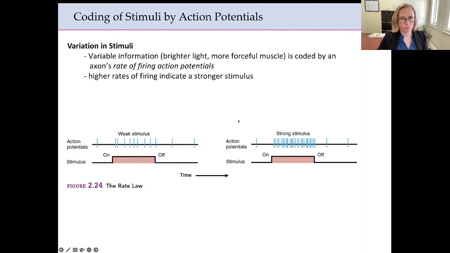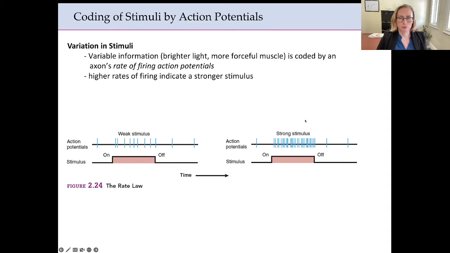If, however, your roommate comes into your room and you're not ready to wake up yet, and they turn the light on and it's super bright and obnoxious, your visual neurons are going to code this strong stimulus with much more rapid firing. So not every 10 milliseconds, but maybe every 1 or 2 milliseconds. So this is called the rate of firing between a weak stimulus and a strong stimulus, right?